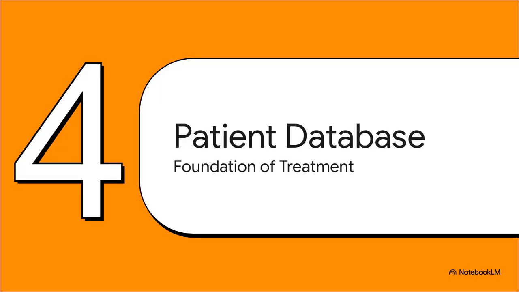It's simple. You systematically build a complete patient database before you even think about treatment recommendations. This database is the foundation, and if the foundation is shaky, the whole plan is going to come crashing down. And that foundation is built on 4 crucial pillars. Not 3, not 5, 4.